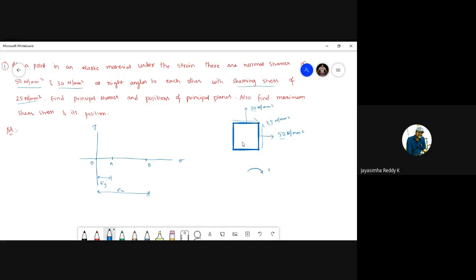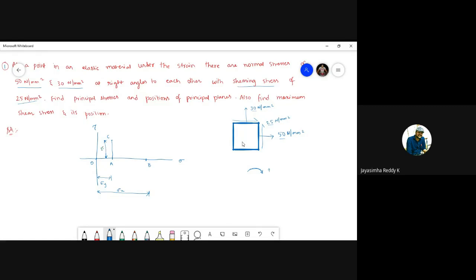Is it clear, guys? So 25, you mark it here and put this as C. This distance is nothing but tau xy, that is 25. For your better convenience, I'll just write it as 25.